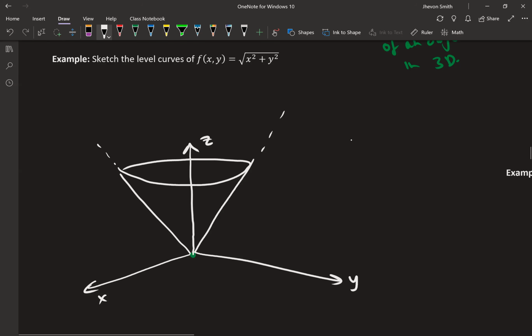So this means you just cut up a bunch of levels. So something like z equals 0, and you get that level curve. Then you go to z equals 1, or f of x, y equals 1 or whatever, and you would get a slice coming through here that looks like a circle that you can project down.